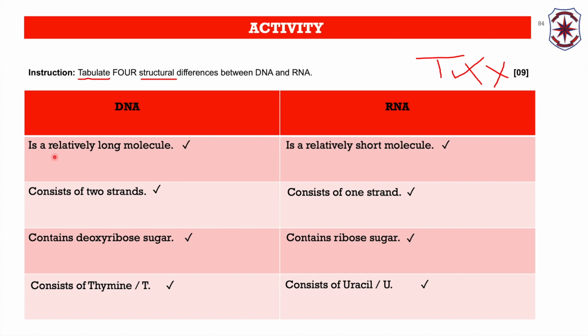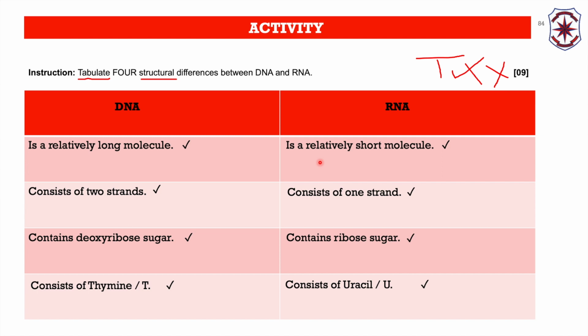You may not say DNA is a long molecule, and on the other side say it consists of one strand. That does not make sense. If you're saying DNA is a long molecule, compare that to the length of RNA, not how many strands it has. So when you say DNA is a long molecule, say that RNA is a short molecule. Compare apples to apples, not apples to oranges.